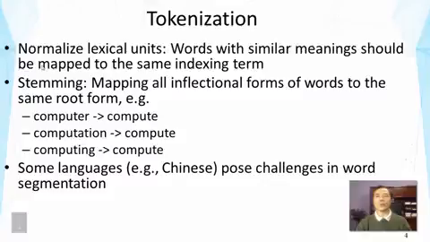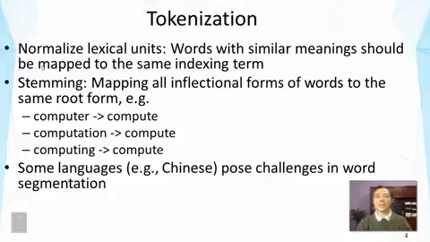Now, normally, this is a good idea to increase the coverage of documents that are matched with this query, but it's also not always beneficial because sometimes the subtle difference between computer and computation might still suggest the difference in the coverage of the content. But in most cases, stemming seems to be beneficial.